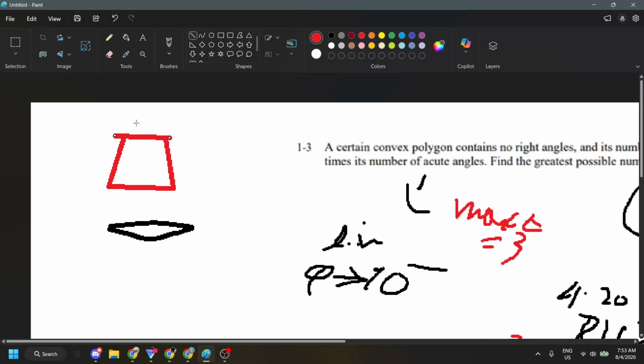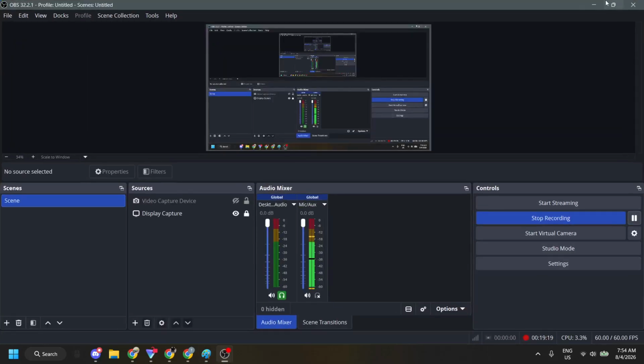Wait. These look like 4 acute angles. Let me check. I guess not.